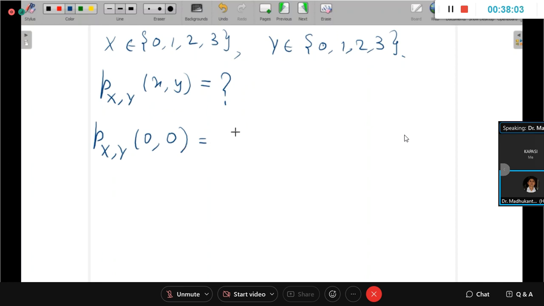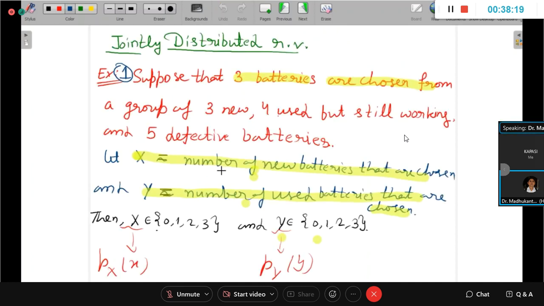The definition is the probability of x equals 0 and y equals 0. You also try it with your pen and paper. What does it mean? x denotes the random variable for the number of new batteries chosen, so x is 0 means none of the new batteries are chosen. y denotes the number of used batteries chosen, so y is 0 means none of the used batteries are chosen either. So all are coming from the defective batteries set.